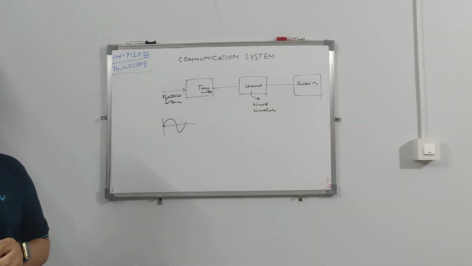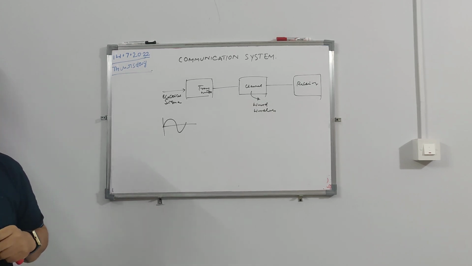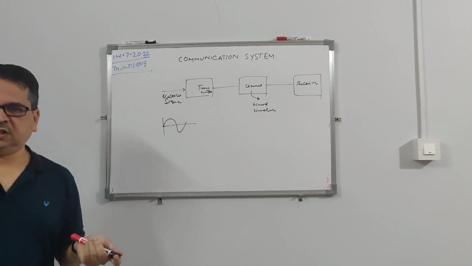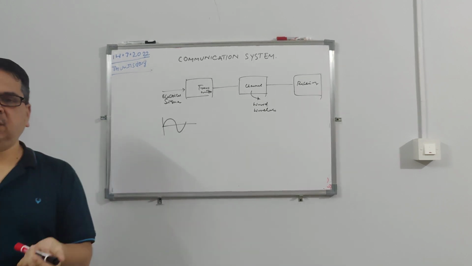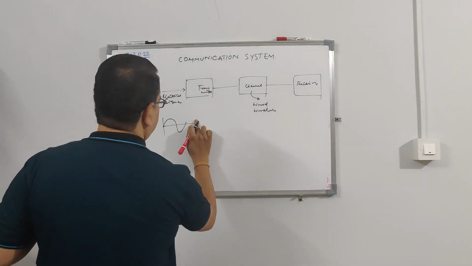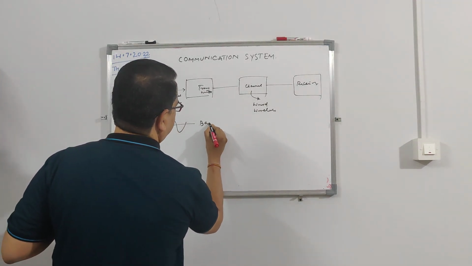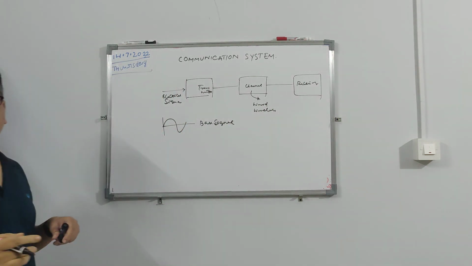For transmitting a signal, its frequency has to be very high. You cannot transmit a low frequency signal; you can transmit only a high frequency signal. So this electrical signal is called the base signal. That is again converted to high frequency.